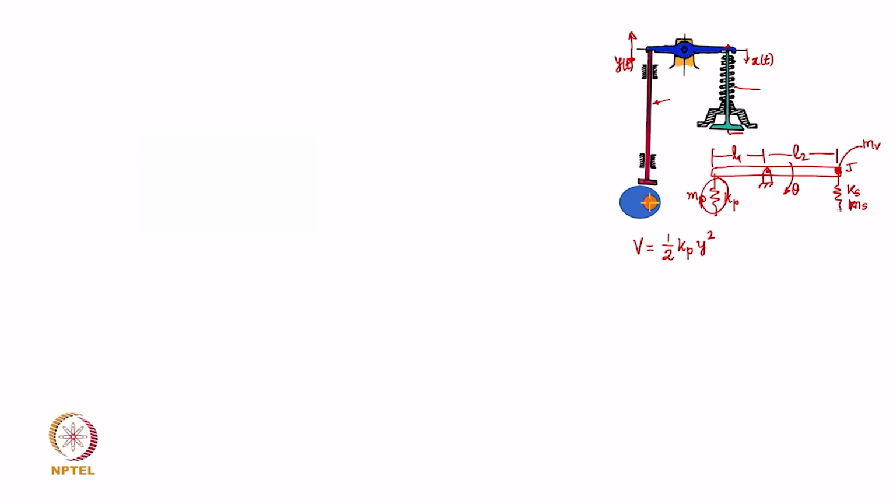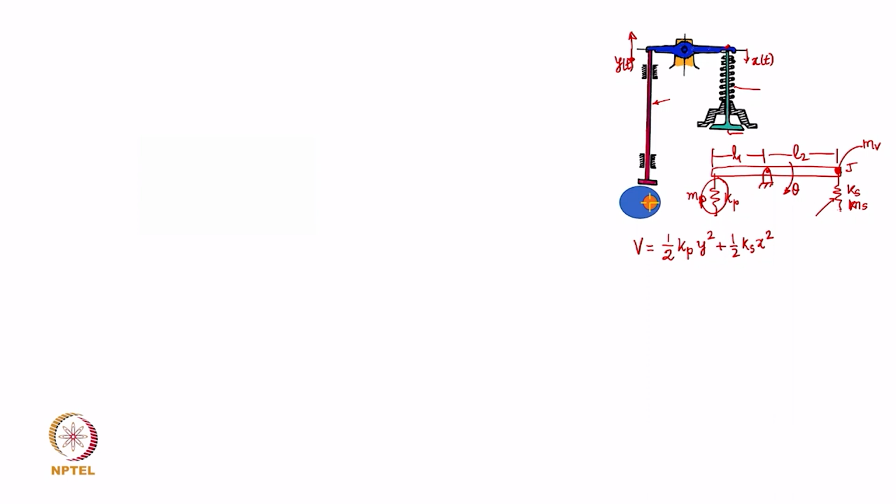You add to that the strain energy stored in this particular spring, the rocker arm being rigid. So, half of Ks into x squared. X is the instantaneous deflection in the spring.